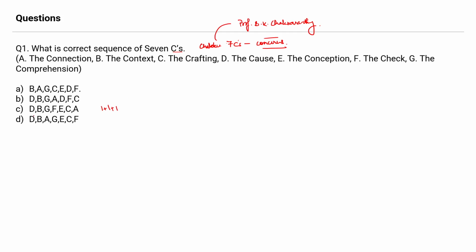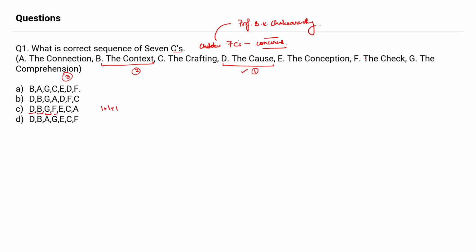Okay, so let us try to look at option C, since people have voted for it. It says D is the first one, which is the cause. Then comes B, which is the context. Then comes G, which is the comprehension.